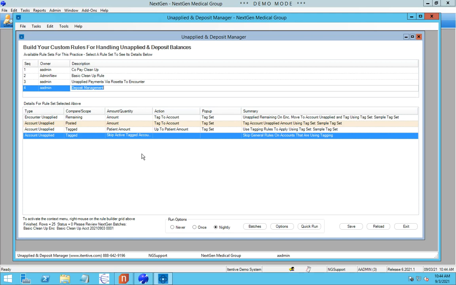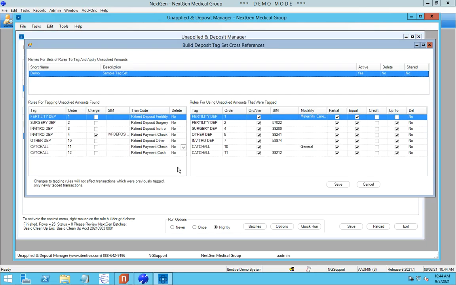It sees the money come in, it tags it, it holds onto it, and then only uses it for that specific purpose. These cross-references are just putting the transaction codes on the left, giving it a name, and then on the right specifying the SIM or a modality that the SIM needs to belong to that it can be used against. All right, this prevents that money accidentally being used for general visits.